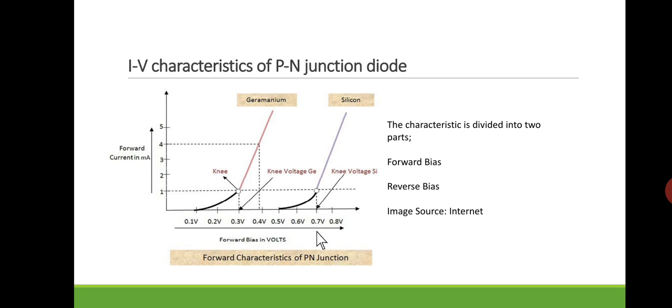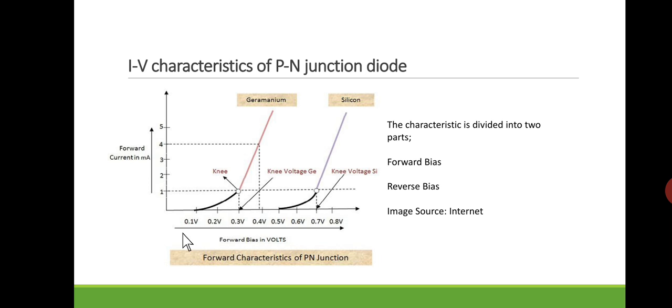Okay, just now we studied in the construction that if you are using the germanium semiconductor, that diode is called the germanium diode, and if you are using silicon, that is the silicon diode. So I showed both the characteristics, germanium and silicon. First, think that I have used germanium.